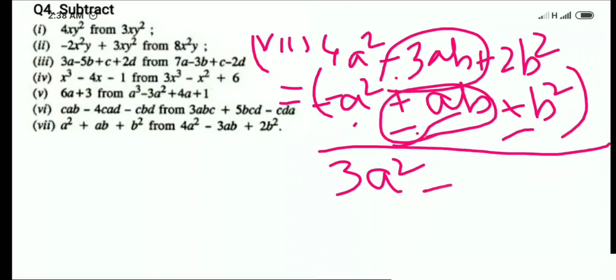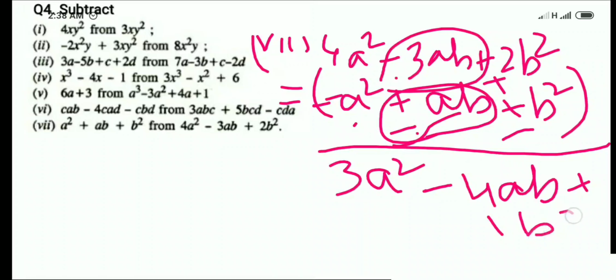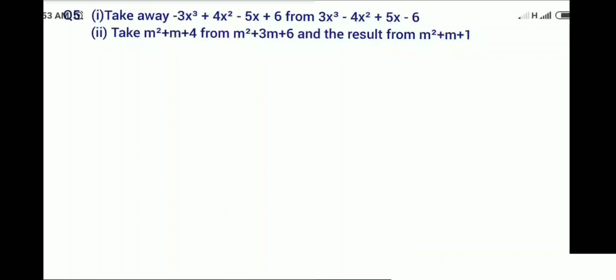Therefore, minus 4AB plus, 2B square minus 1B square is equal to plus 1B square. Take away means we have to subtract the value from this.